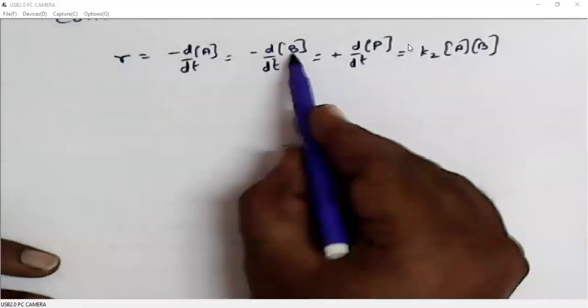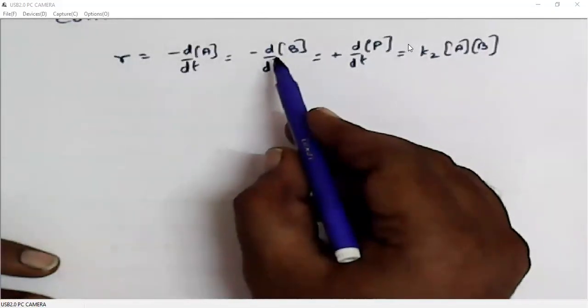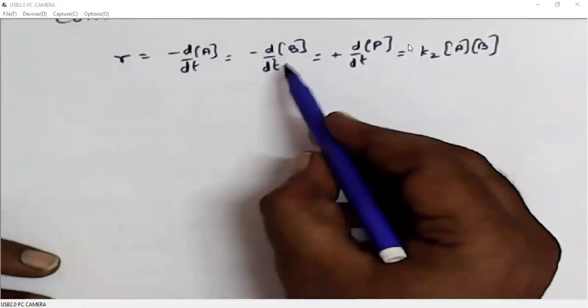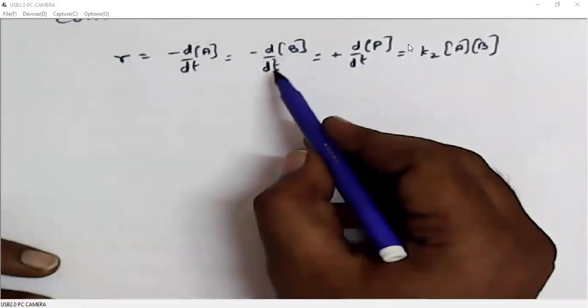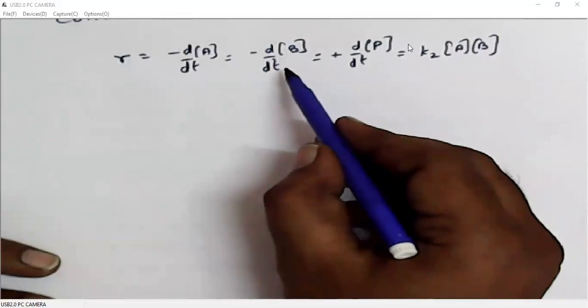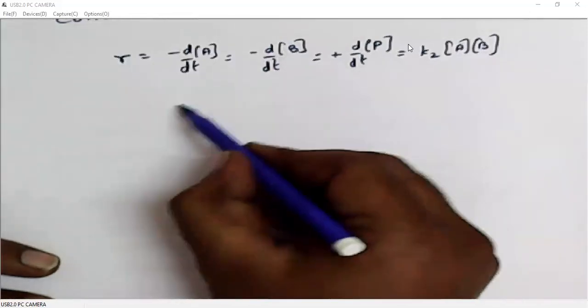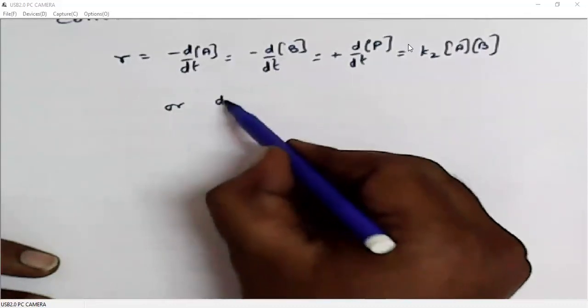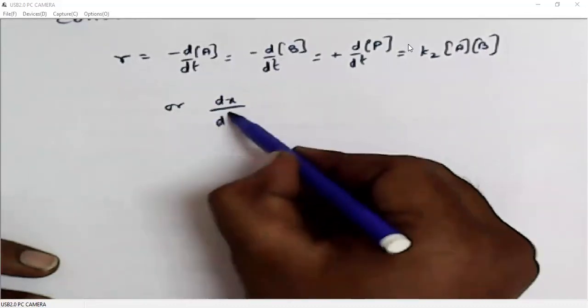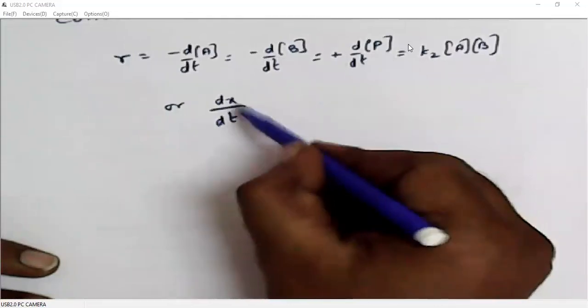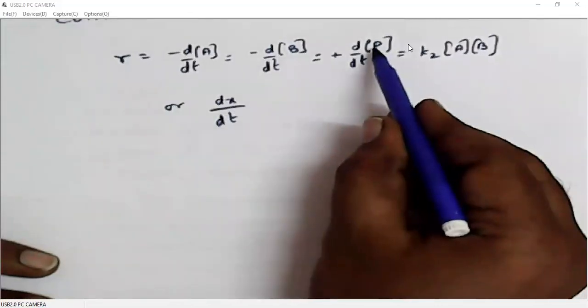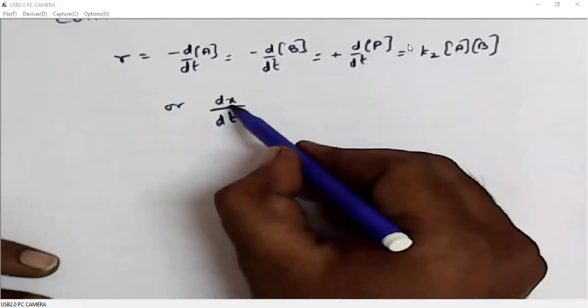Because we have two different terms, the general procedure for deriving the integrated rate expression may be a little tricky for this. So alternatively, we will take the differential form with respect to product. So dx by dt. We are not taking P, we are directly taking the concentration.